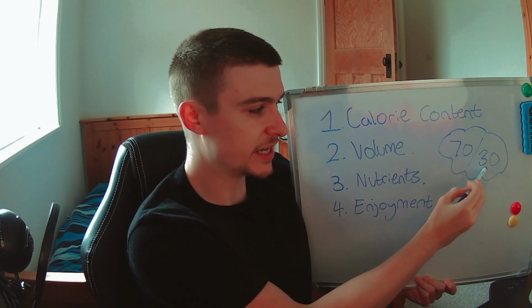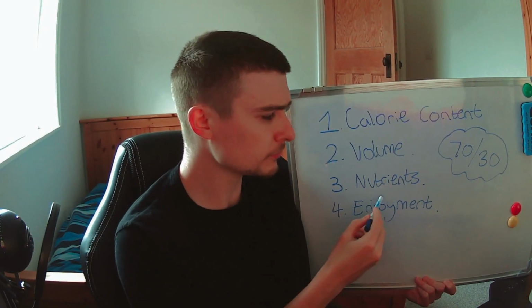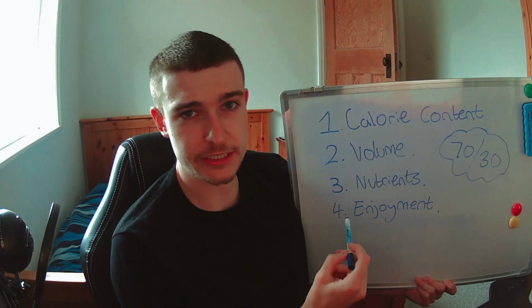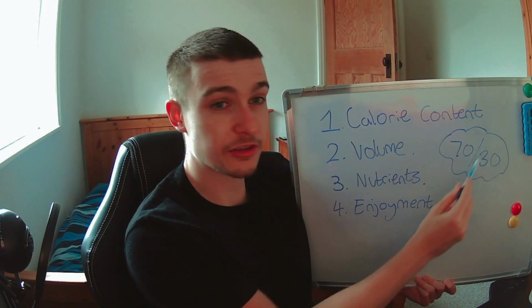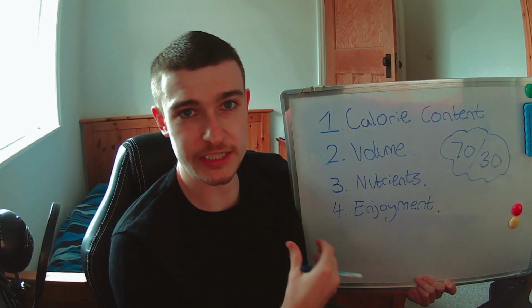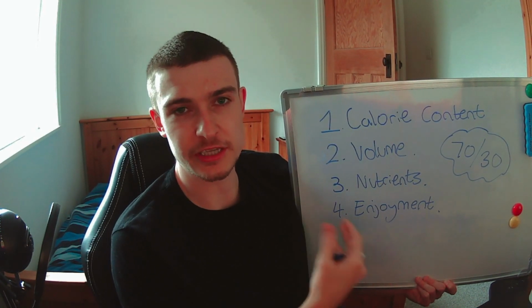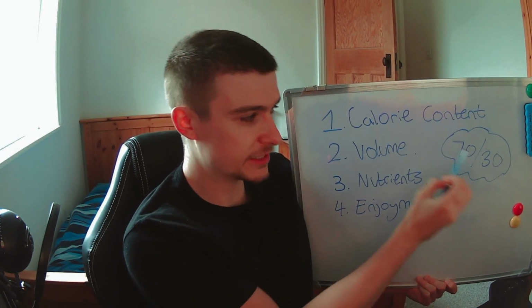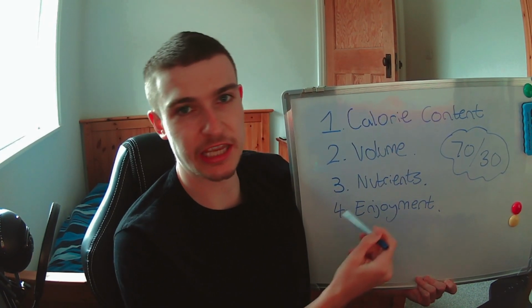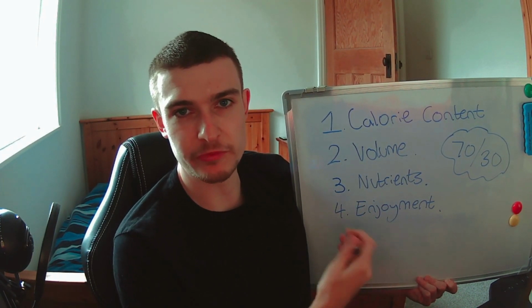And then that 30% is going to come from foods that are potentially less nutritious, lower in volume, and higher in calories. And the way we're controlling the 30%, we're having that in moderation to allow us to still stick to our calories and do what needs to be done to get the results that we're after. But this little principle or idea also then allows us to keep a good amount of enjoyment within our diet.